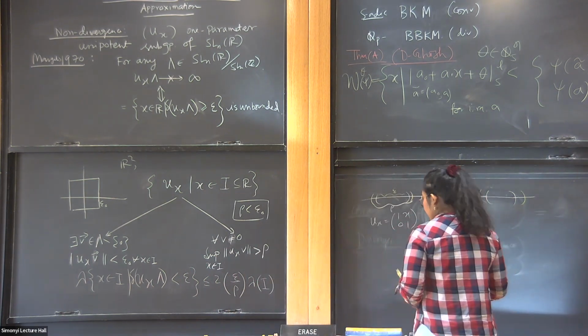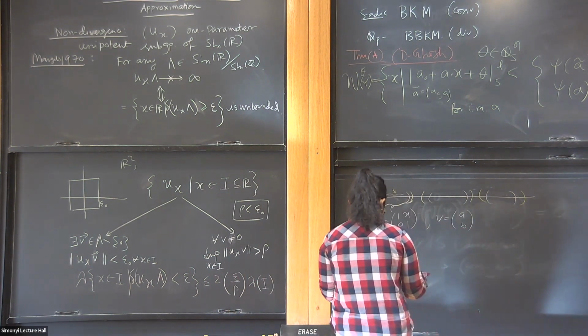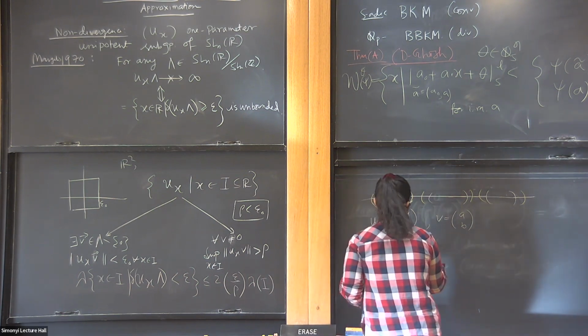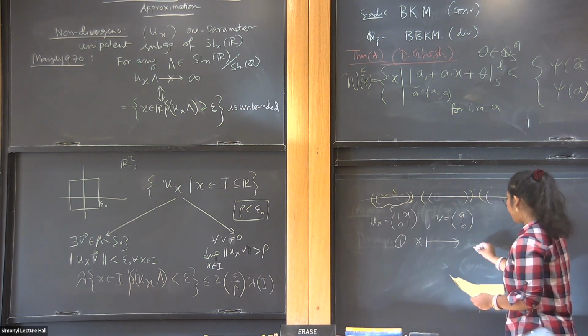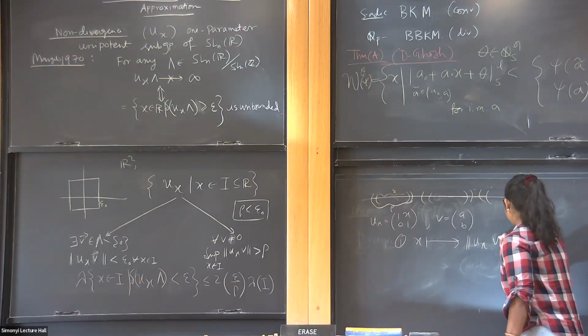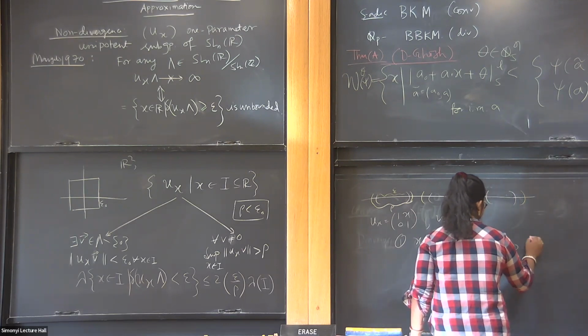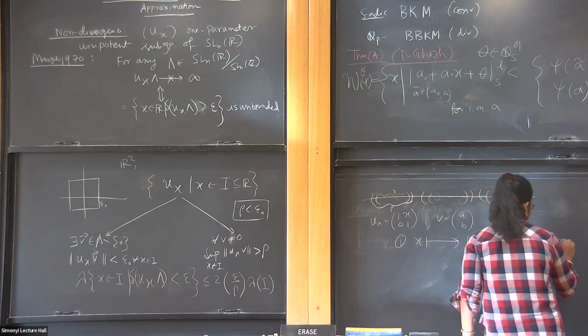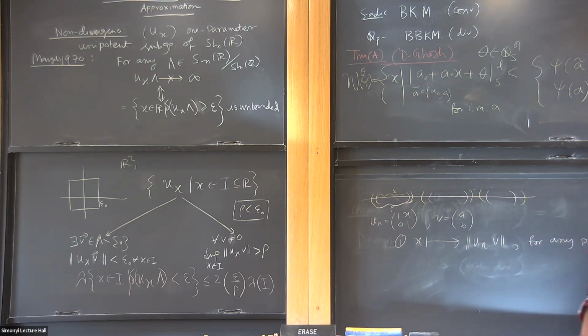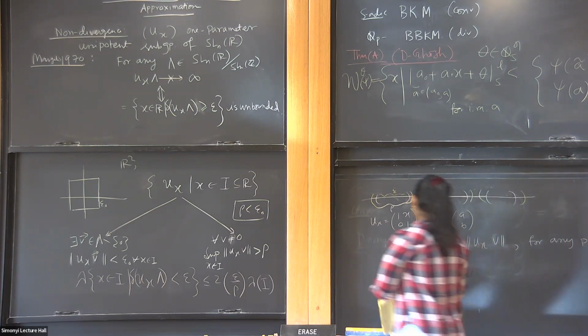Okay, so the idea, I want to just write down these two things. So why this proof works is because x going to u_x v for any primitive v, these are maps.